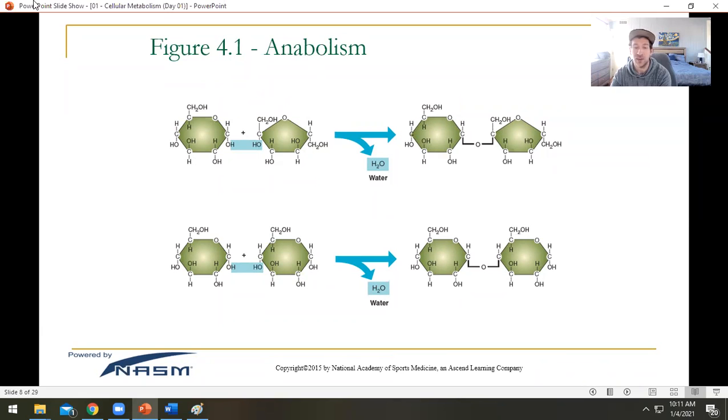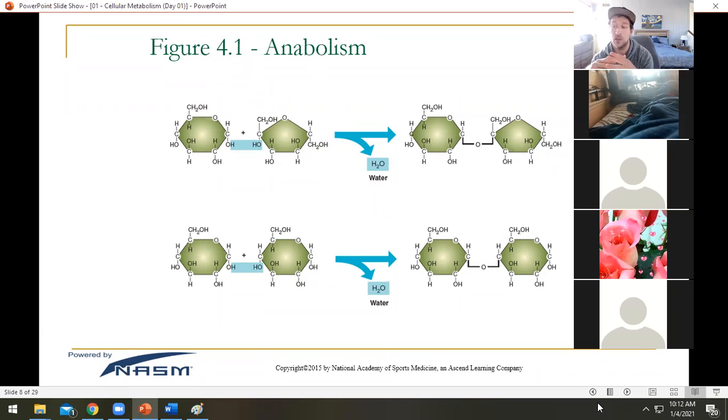So when you look at it, this right here is an individual sugar molecule, and this is an identical individual sugar molecule. Now, I need to have access to these sugar molecules at all times. Our bodies prefer to use sugar to produce energy.